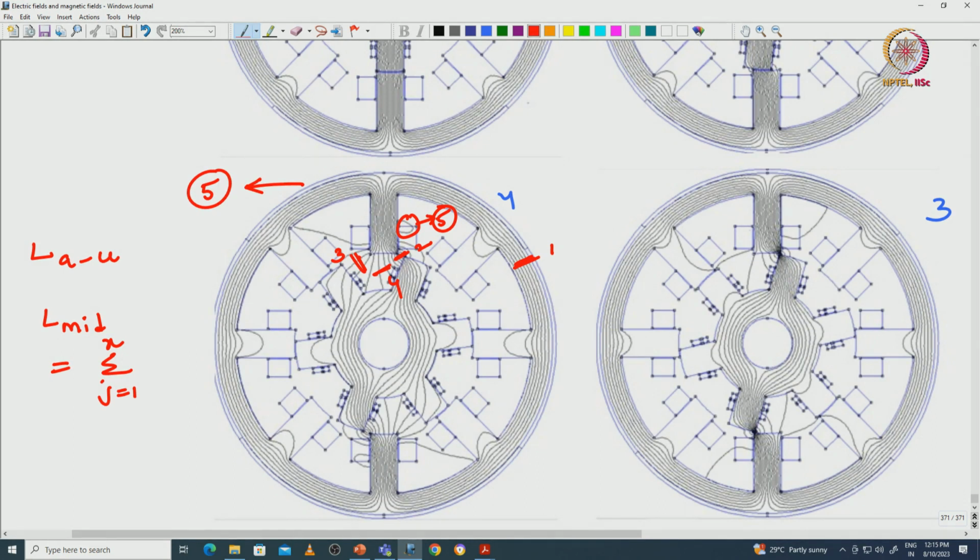Here x is 5. The intermediate inductance with respect to each region equals the number of similar flux loops times n phase times the flux with respect to that particular region, divided by current. So, based on these two equations we can find the inductance during intermediate positions also.